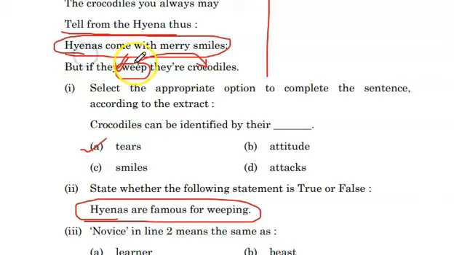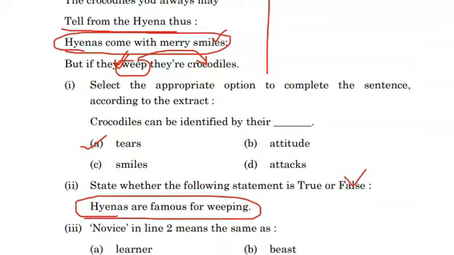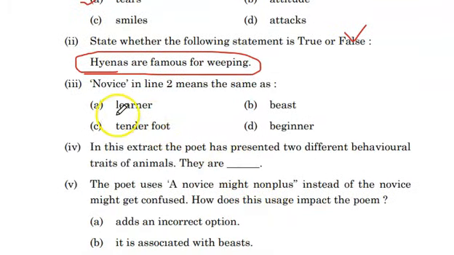So the line in the poem is telling you that hyenas are famous for their smiles, and this statement tells you that hyenas are famous for weeping. So is it true or false? Obviously it is false.